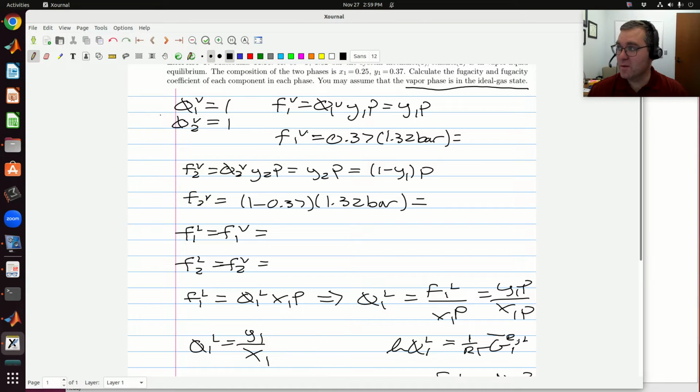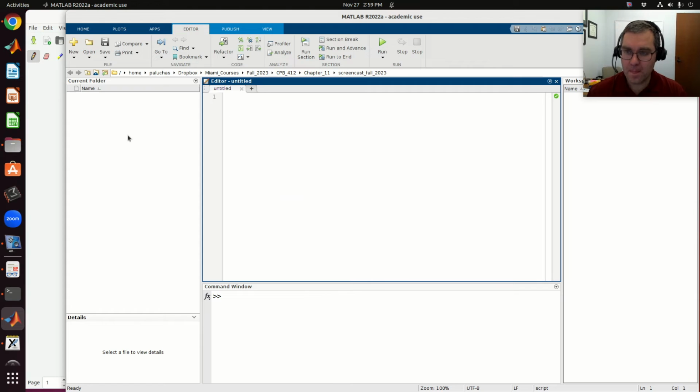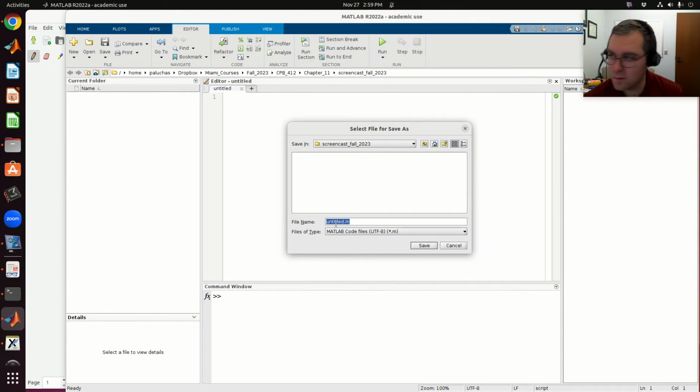Now, if I want to compute some values, I've got MATLAB open over here, so let's go ahead and compute it. I'm just going to call this problem 3 just so I can save it.